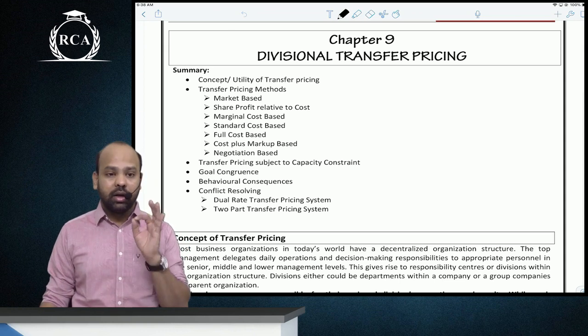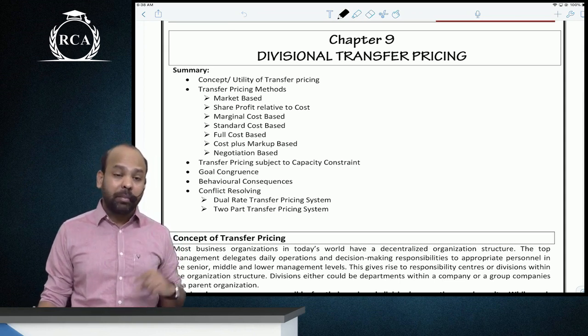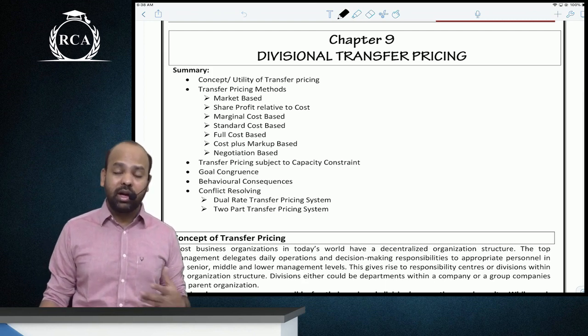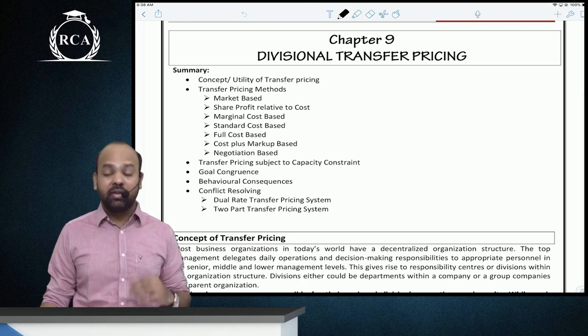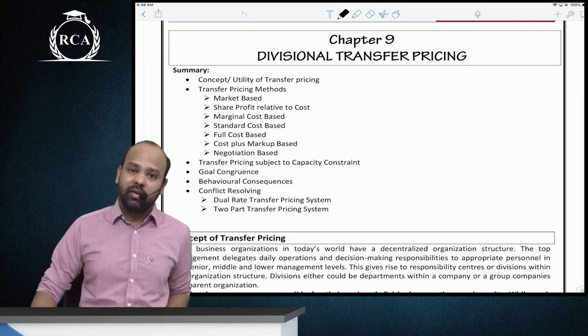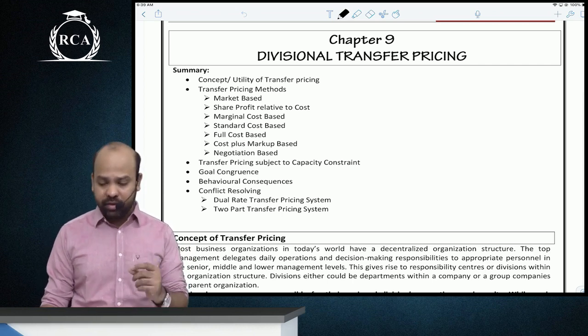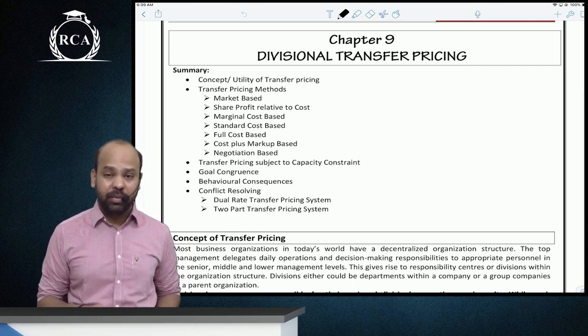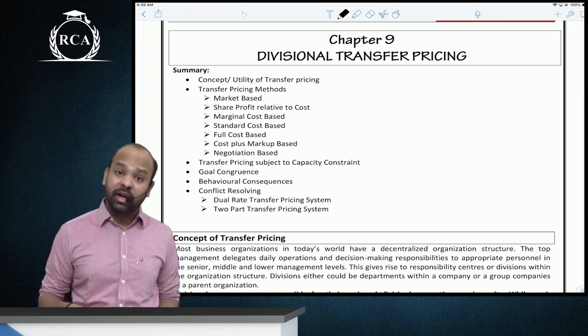The department for which the revenue is higher will undoubtedly be in a favorable position. The department for which the expenditure is higher is undoubtedly in a disadvantageous position. Everyone is worried about their own performance measurement, and everyone knows that their incentives would depend upon financial measures as well.